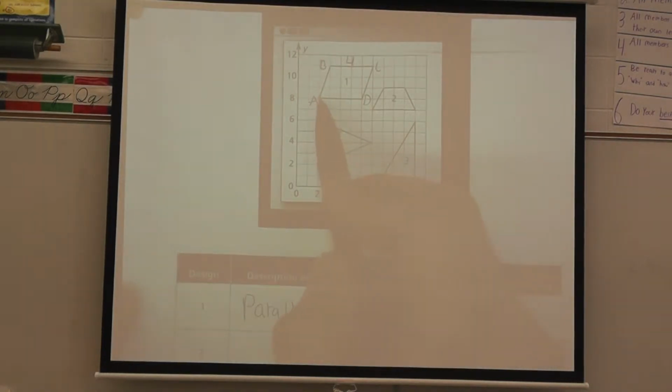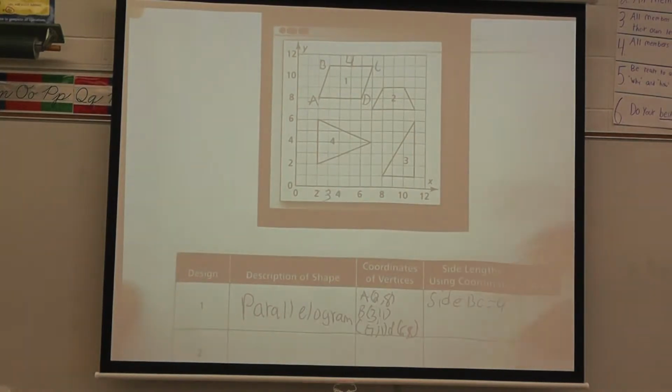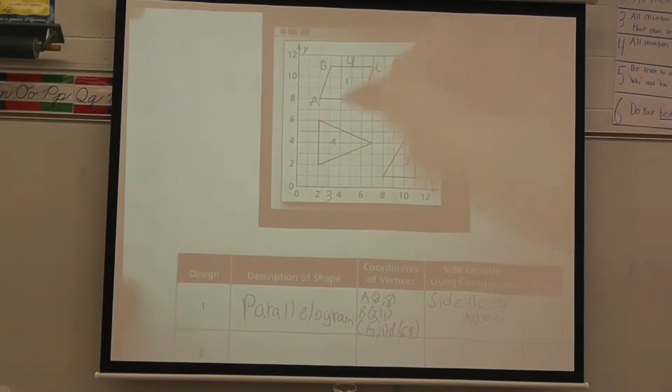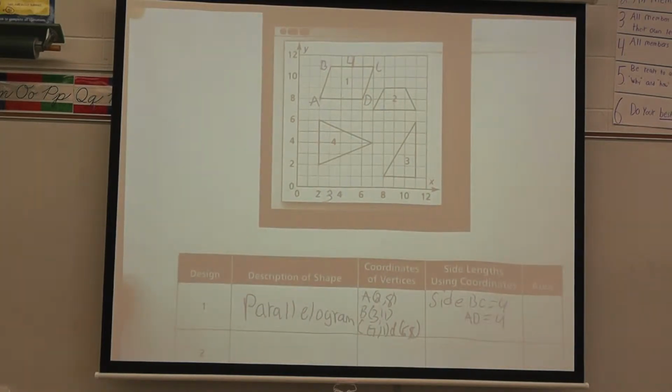I know that A and D are going to be equal, but I'm going to double check it. A starts at 2, D is at 6, so the difference between 2 and 6 is 4. So side AD is going to equal 4. And again, these two are congruent sides.